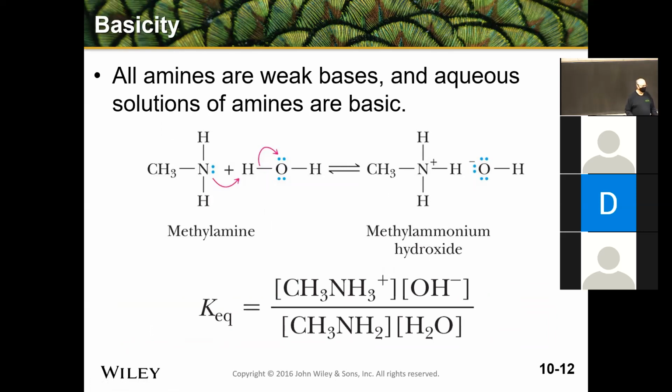Okay, this is one of the most important things I want you to remember from this chapter, and that is amines are basic. They are weak bases. And just like ammonia, aqueous solutions of amines are basic. They'll produce small quantities of hydroxide ions.